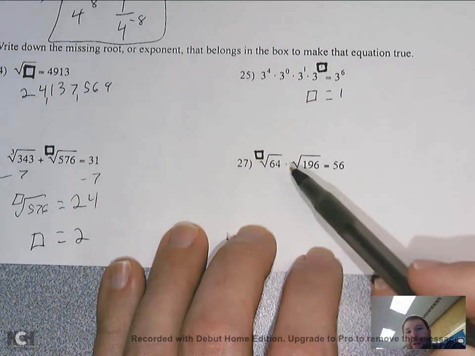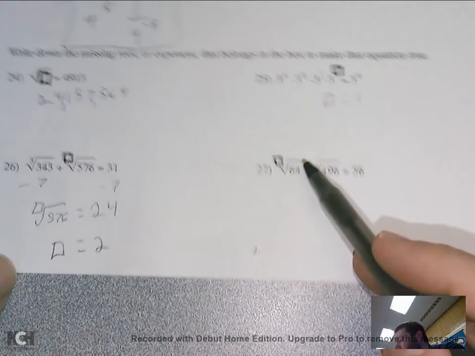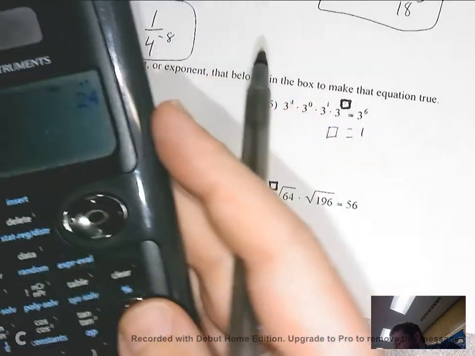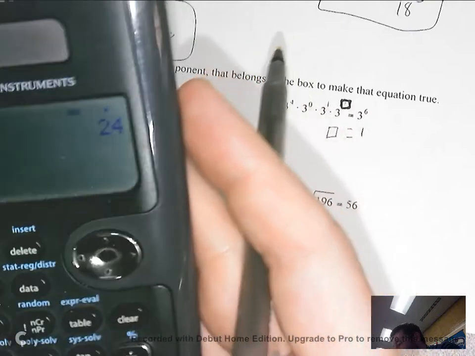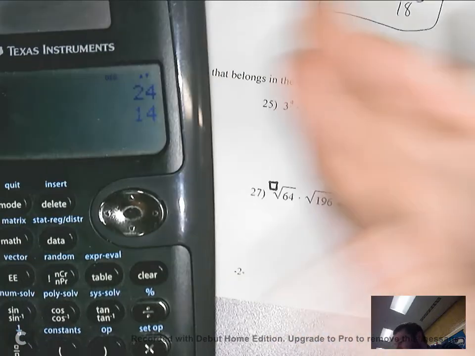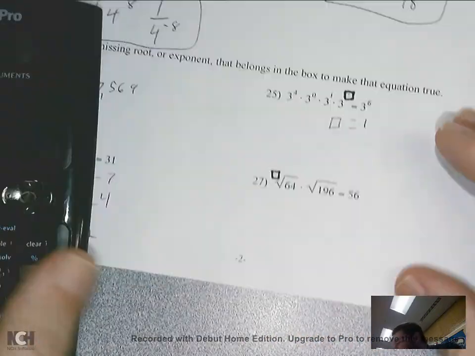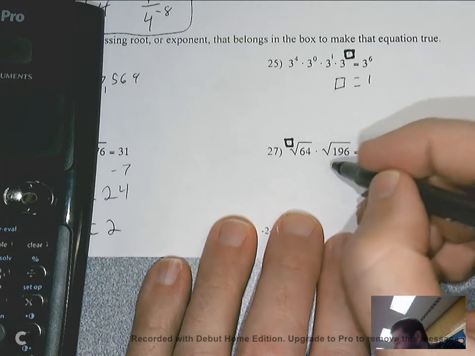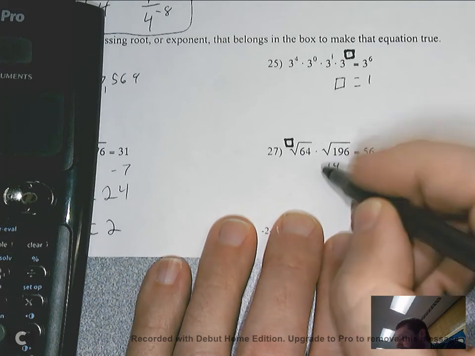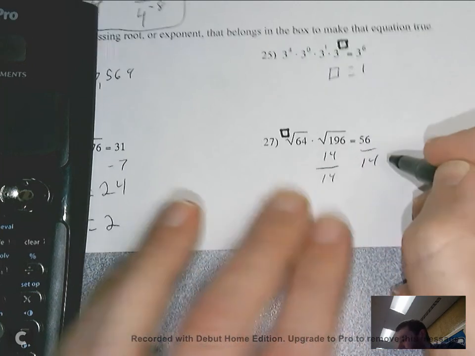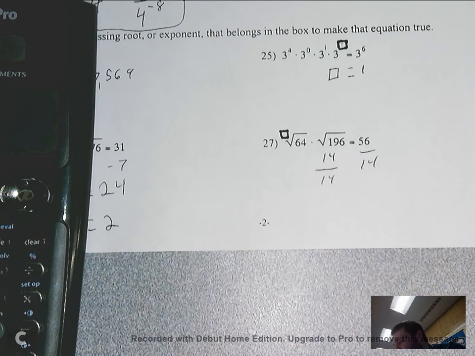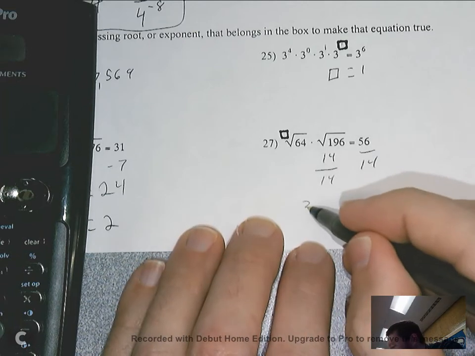Okay, another missing box. So is it a cube root or square root? So the first thing we're going to do is we're going to find the square root of 196. So the square root of 196 is 14. Now this one is multiplying. So if I want to get rid of it, I would have to divide each side by 14. So 56 divided by 14 is 4.